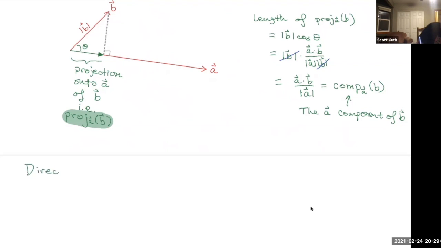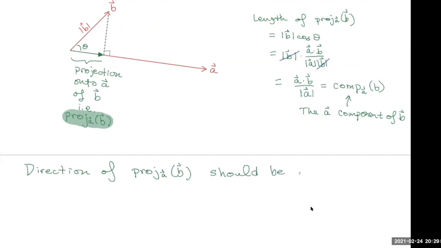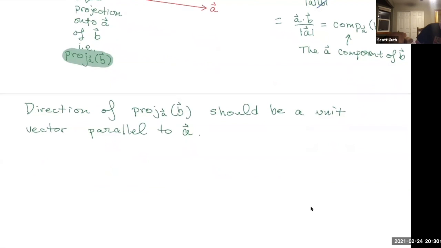So the direction of the projection of A onto B should be a unit vector parallel to A. So that direction would just be A over the magnitude of A. Get that?